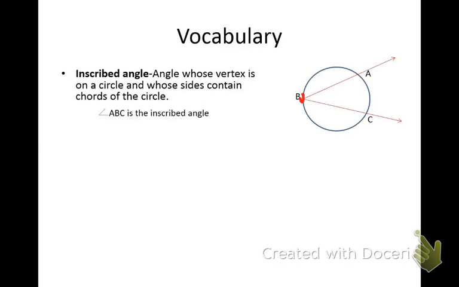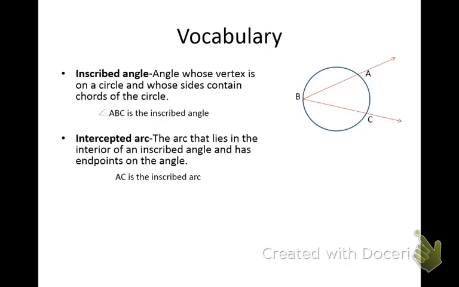B is on the circle, and the sides contain chords. We've got the chords AB and CB. That is an inscribed angle. All right. Everybody got it? All right.